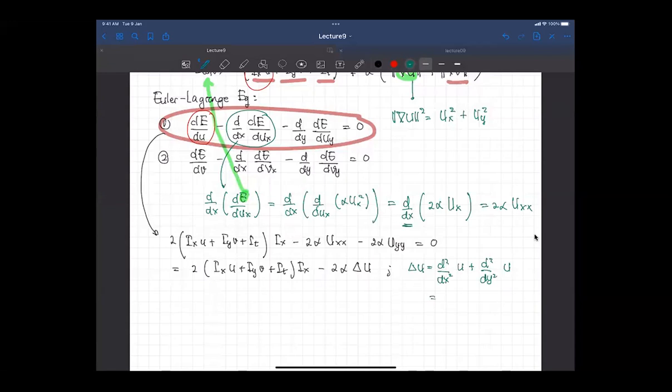In other words, this is equal to uxx plus uyy. By the way, there is a name for this. Anyone knows the name of that? Delta u? Laplace operator. That's right. This is the Laplace operator.